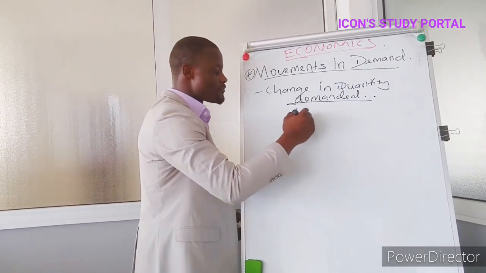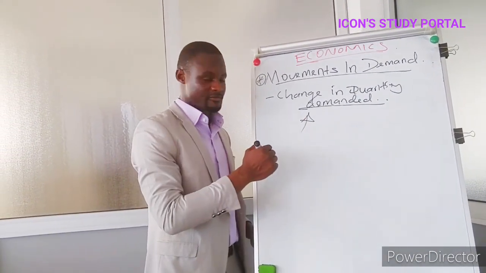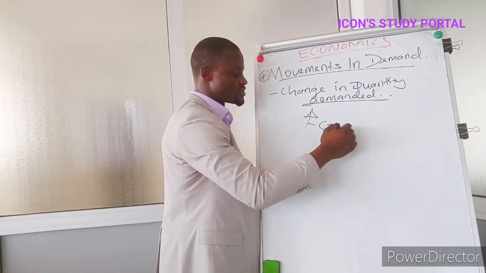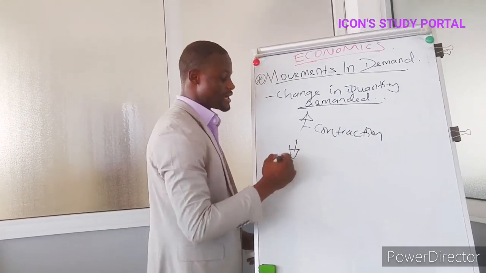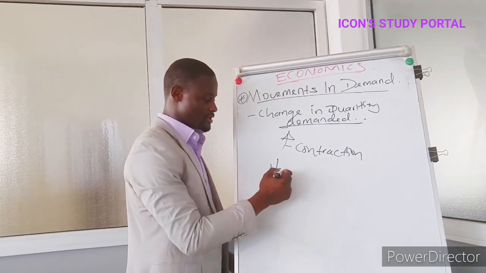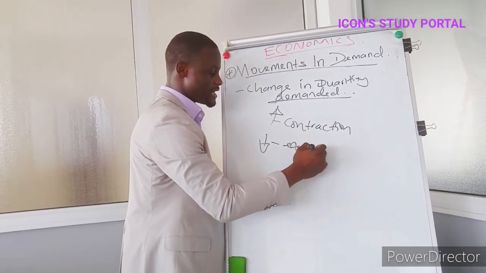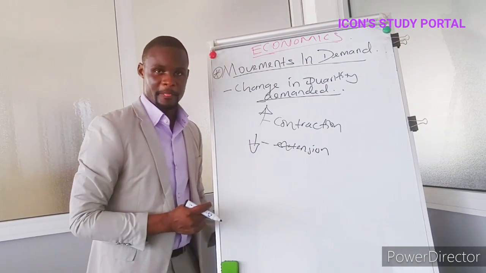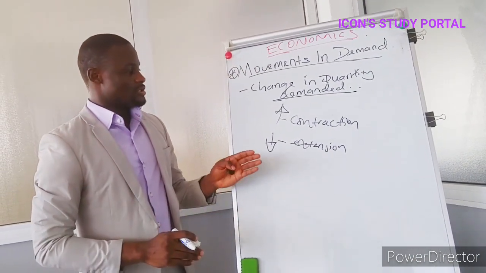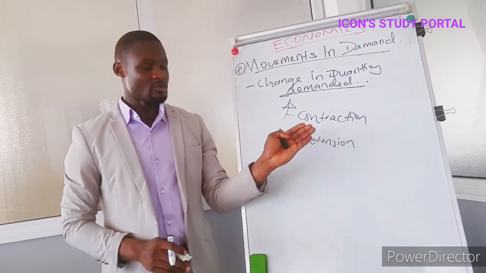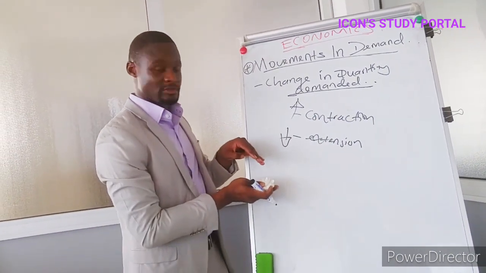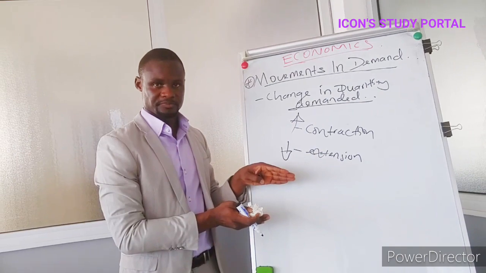Now, the upward movement of the demand curve is known as a contraction in demand, while the downward movement of the demand curve is known as an extension in demand. We said that the upward movement of the demand curve is a contraction, while the downward movement of the same demand curve is an extension.